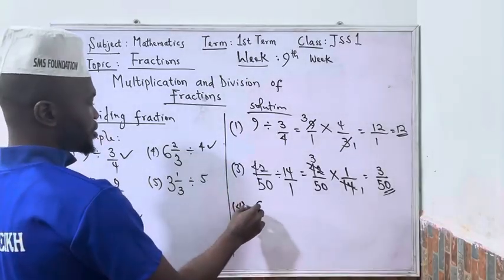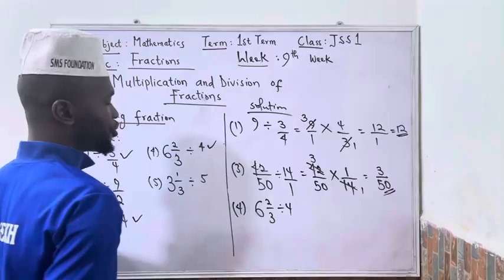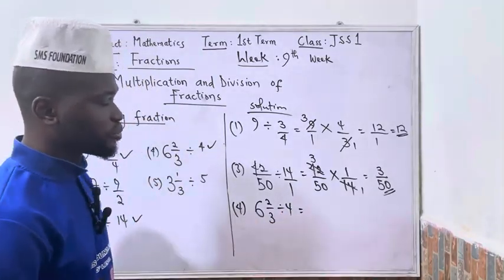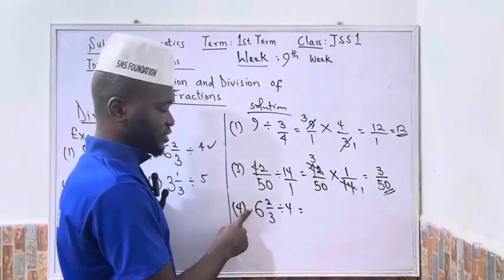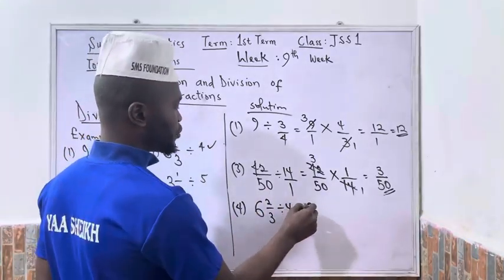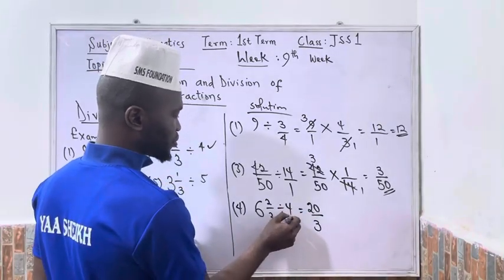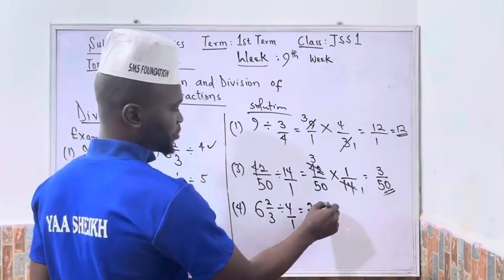So let's see 6 whole number 2 over 3 divided by 4. Let's go. So I'll first of all change this to improper fraction. 6 times 3, that is 18. 18 plus 2, that will give me 20 over 3. Now, I can write this as over 1. You know that. So now, let me change the division to multiplication.